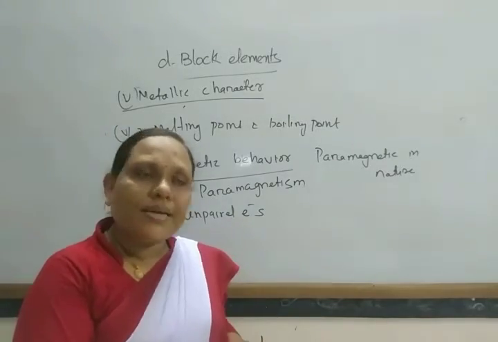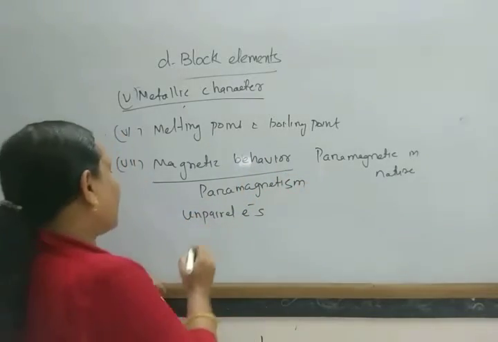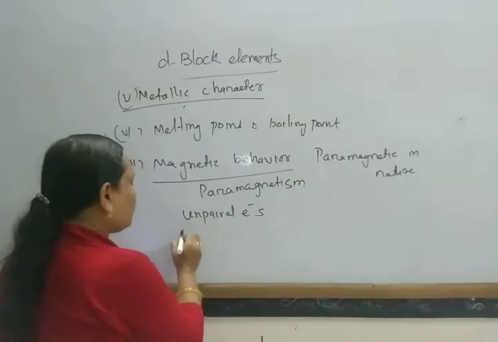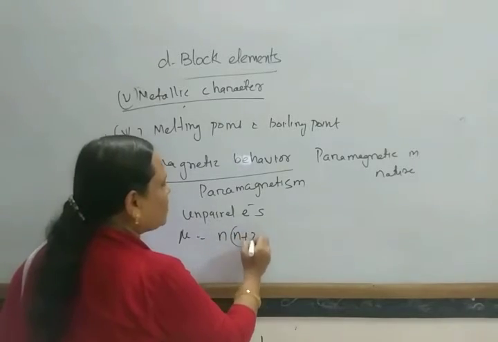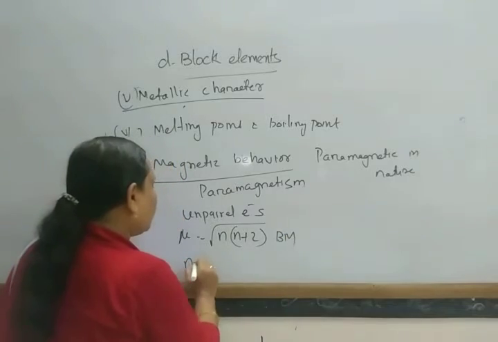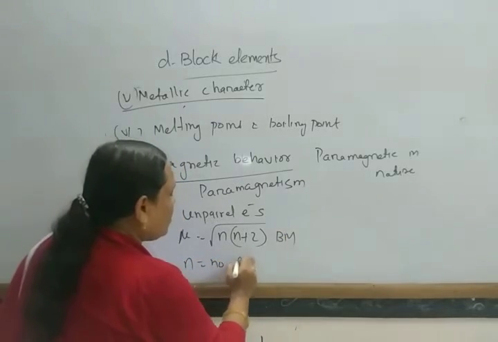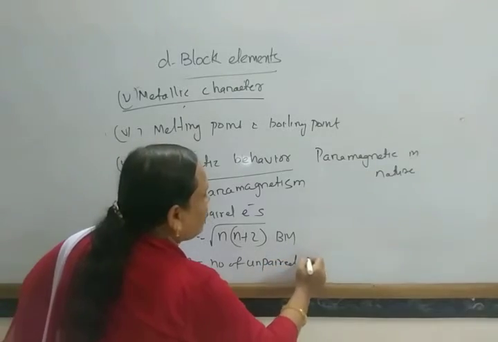This paramagnetism, the magnetic susceptibility or magnetic moment, can be determined by the formula mu equals root over n(n+2) BM, where n is the number of unpaired electrons.